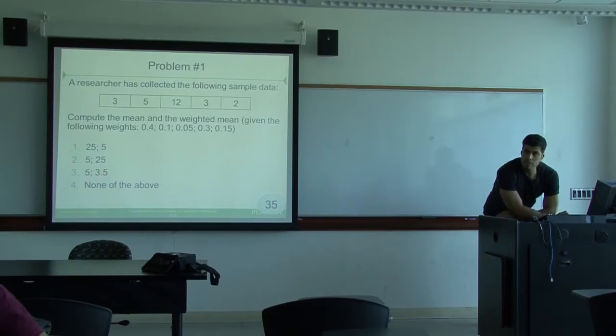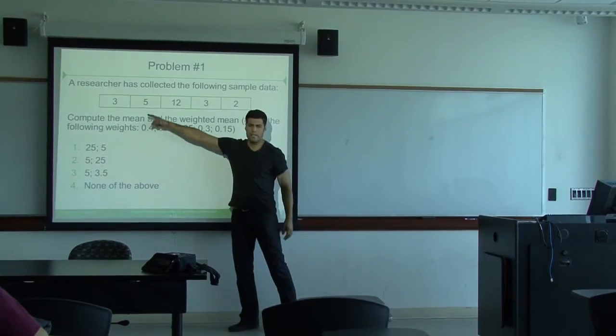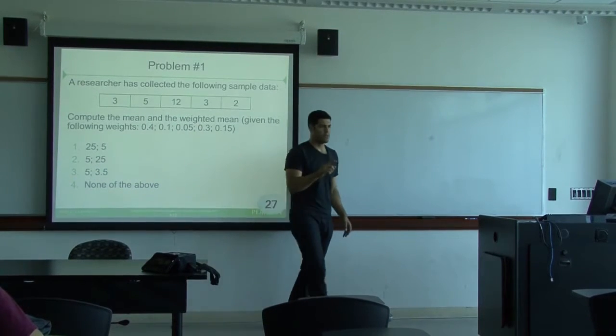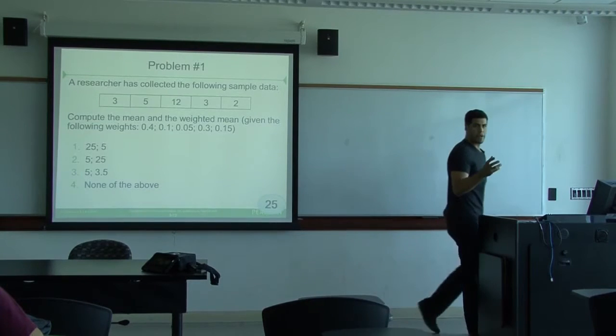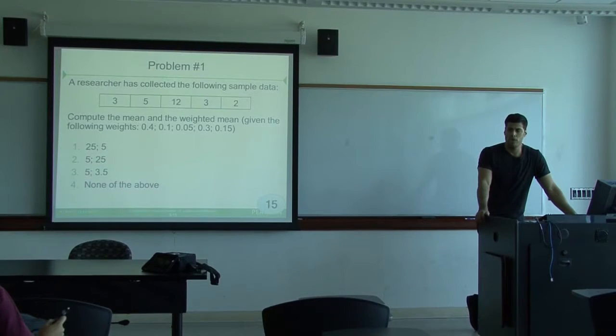I should tell you that the first weight applies to the first observation. So 0.4 is the weight for observation 3, the data value 3. The weights add up to what in this case? I hope they add up to 1. Yeah, they do, so you just divide by 1, basically.